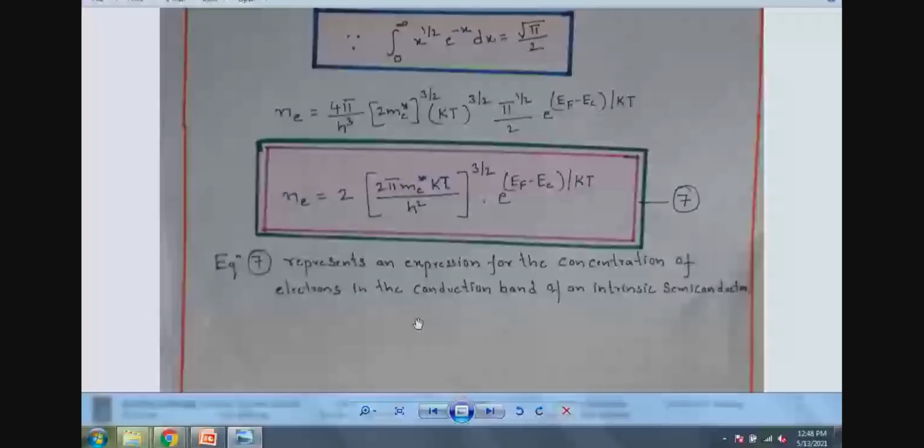Okay, if they ask particularly to solve the carrier concentration of electrons in an intrinsic semiconductor, you have to write the first derivation. Okay, if they ask estimation of charge concentration, both derivations you have to solve. Keep it in mind. Okay, so to get full marks, this is the procedure you have.